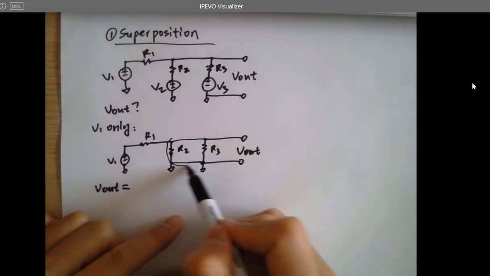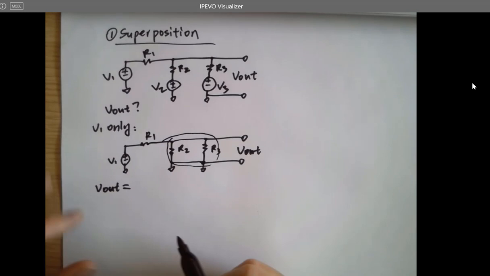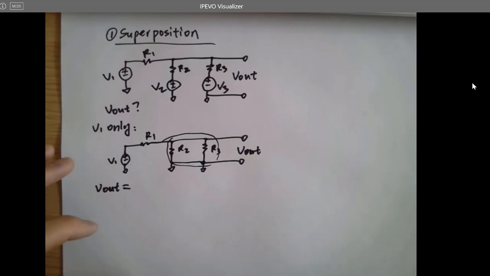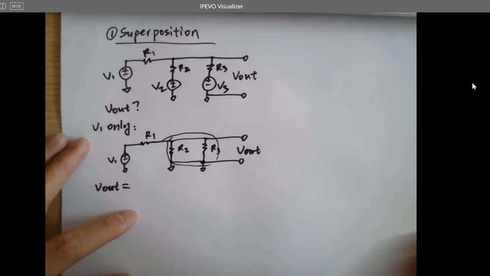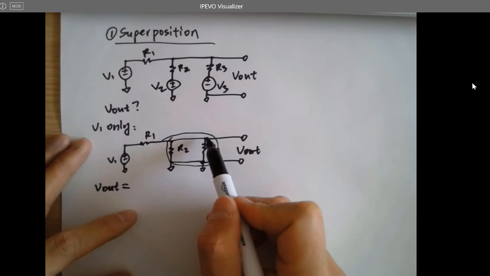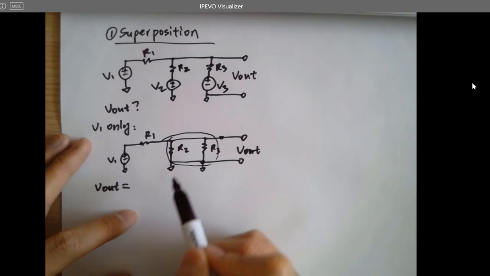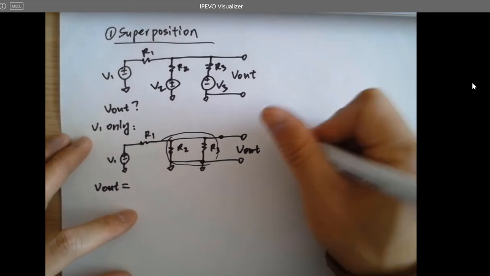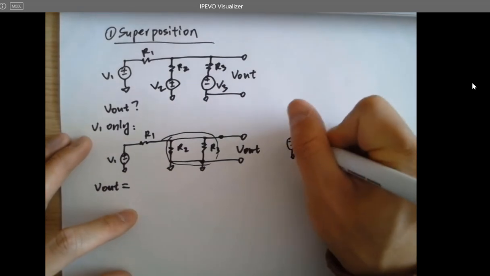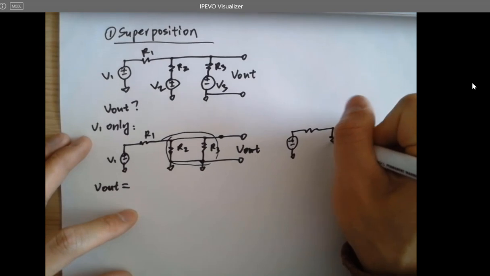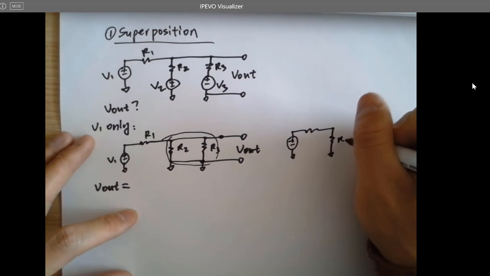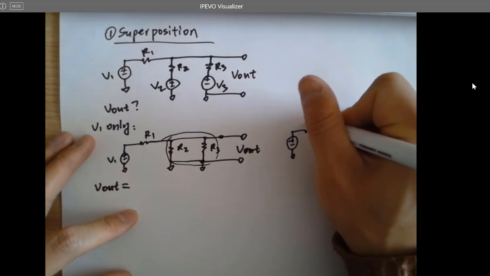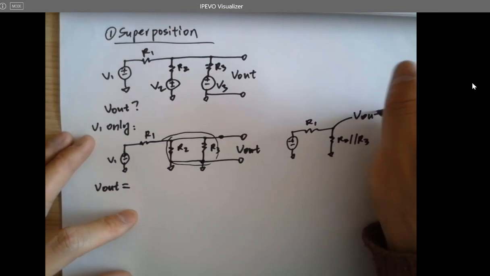So you can combine these two as one R, which is R2 in parallel with R3, right? So VL is actually a voltage divider here. It's like this: R1, R2 in parallel with R3. This is R1. Here's VL, right?